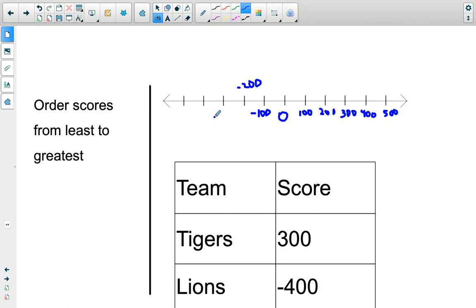And negative 300. It's kind of a trick when you're trying to write on a number line and you don't have room. Write half the numbers above and half below. Negative 400. Just make sure you don't write two numbers on the same line. And last, negative 500.